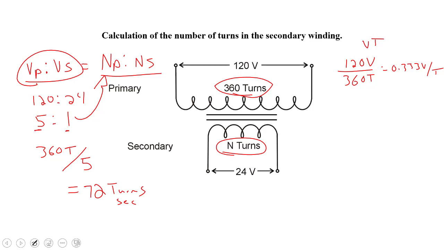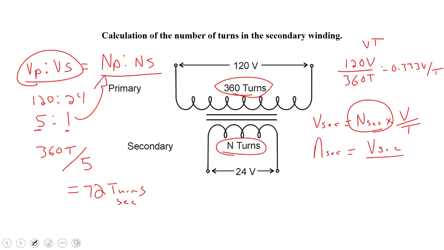And if I want to figure out the number of turns, I'm going to write out that formula so we can remember it. Voltage of the secondary would be equal to the number of turns on the secondary times what is the volts induced for every turn. I want to find the secondary turns, so N secondary would be equal to my voltage of my secondary divided by my volts per turn ratio.